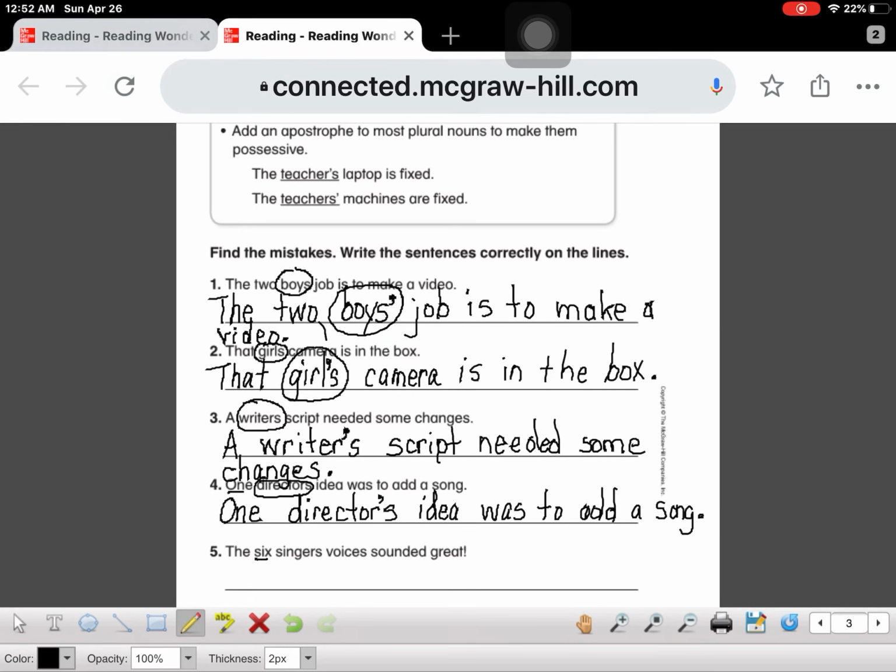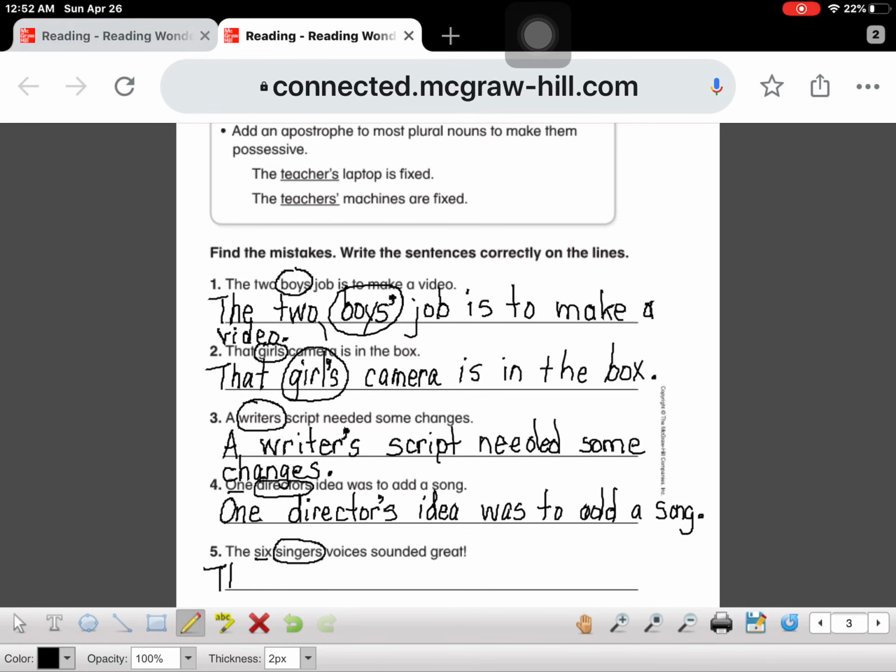So singers is plural, and it's the voices that belong to those singers. So the word singers will have the apostrophe in it, and let's rewrite it and then make sure you put that apostrophe in the right place.